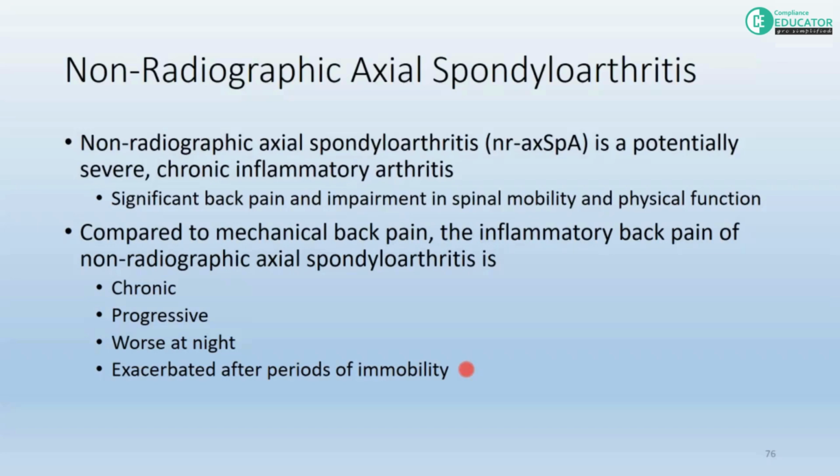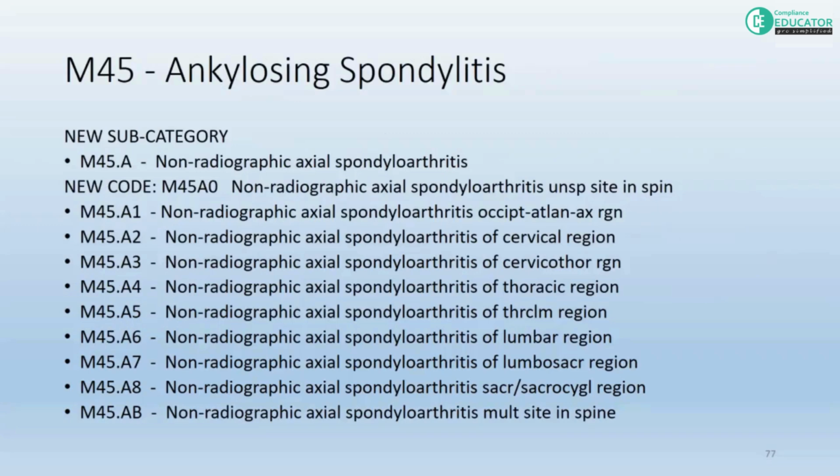And so as they look at what's happening to these patients, they're looking to better identify who they are and have, as we always say, a code more unique for them. And so here's our new subcategory, non-radiographic axial spondyloarthritis, and then the whole set of new codes. Notice the difference in the codes is where it is: cervical, cervical, thoracic, and on down.